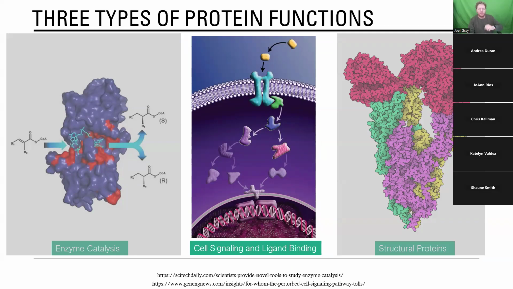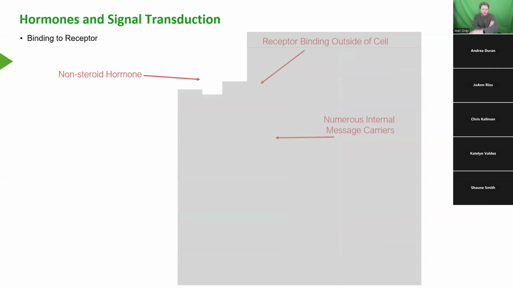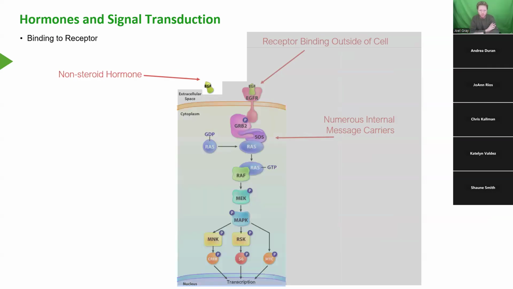Now, next up in our journey through our different types of proteins, we've got cell signaling and ligand binding. A substrate is something that an enzyme acts on. A ligand is a small molecule that binds, and no change takes place to it.